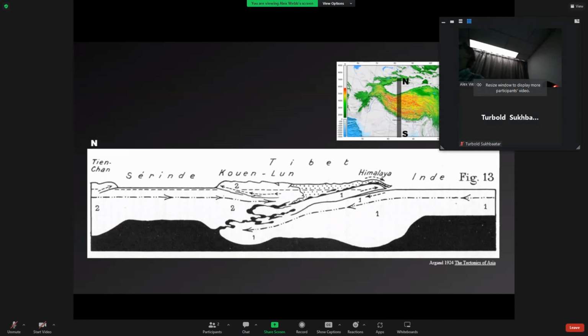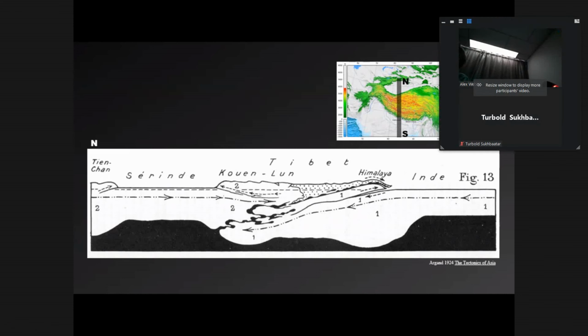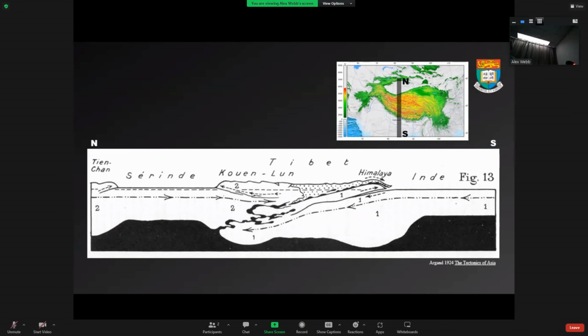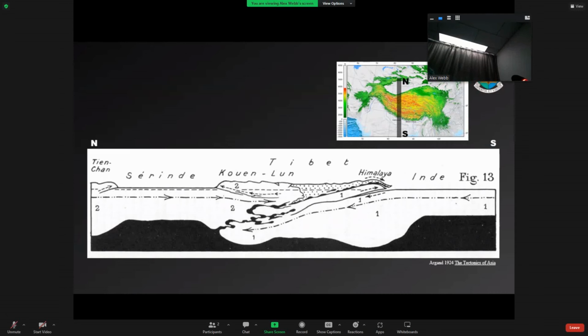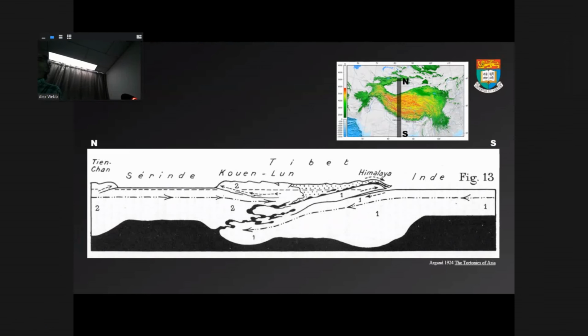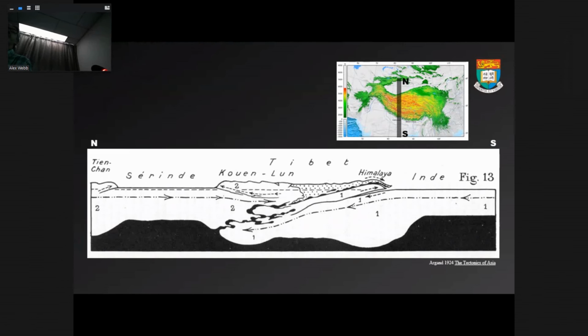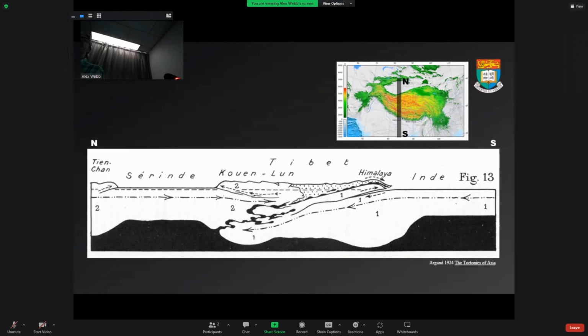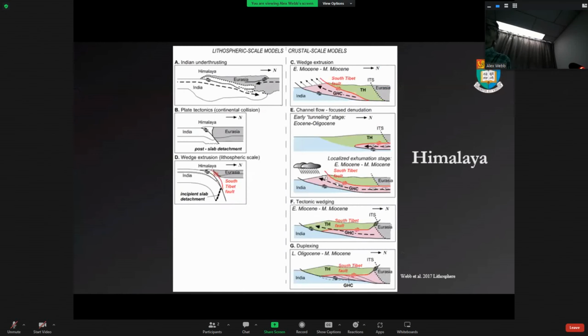And so this is essentially a plate tectonic picture. Even though this is before plate tectonics, he mostly has something that looks like plate tectonics. And that picture has not really changed all that significantly since that time. This is basically the model understanding, although I guess at depth it's a bit different now.